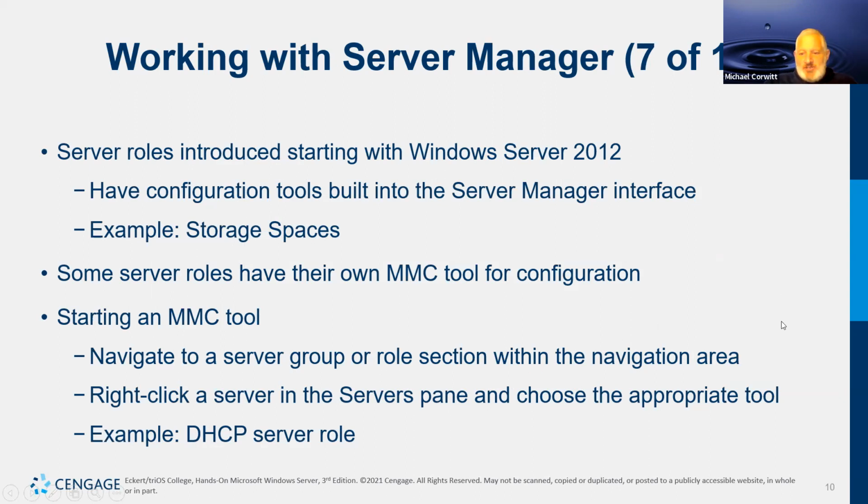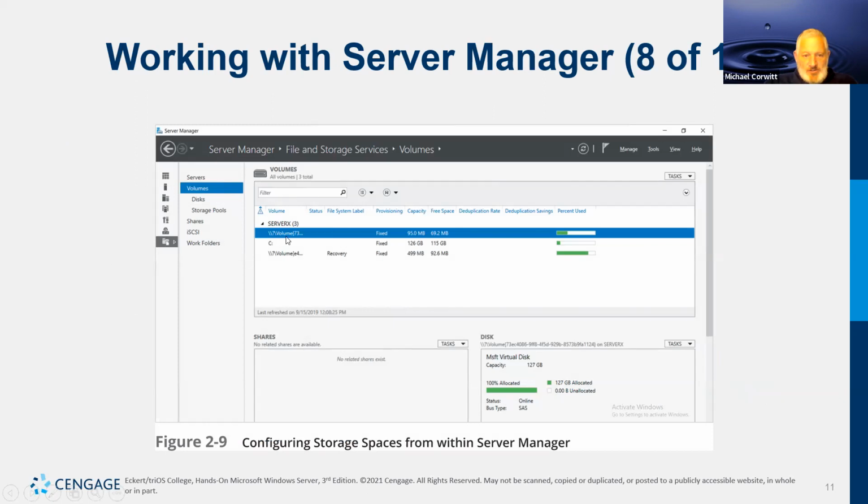Okay, so we're gonna look and see what that looks like. So they're saying, working with server manager, it shows configuring storage space within the server manager. So we've already done all that. I'm not really worried about that.